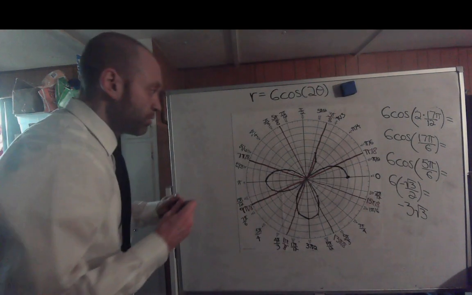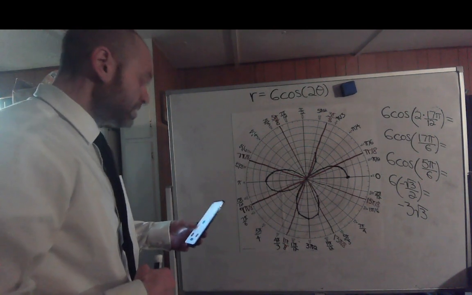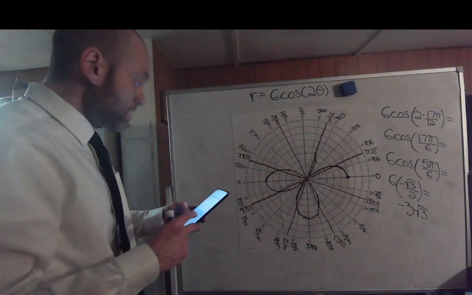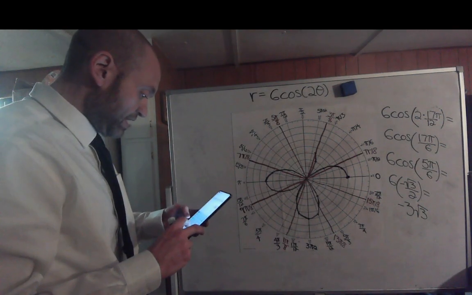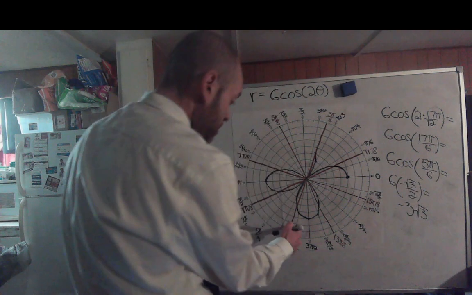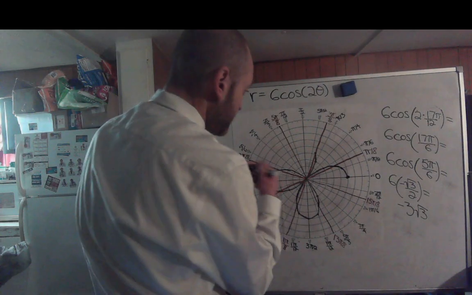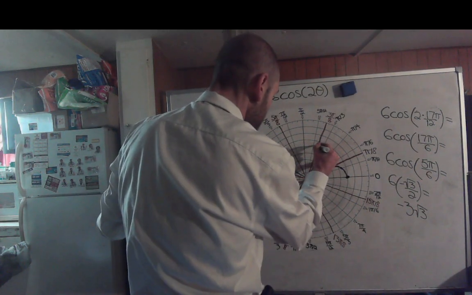And let's see about where that puts us. So negative 3 times the square root of 3 is about negative 5.2, which would put me, if I went negative in 17 pi over 12 and the 5 pi over 12, so that's about right there.